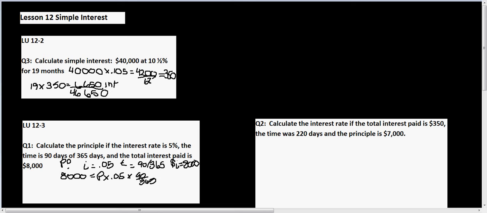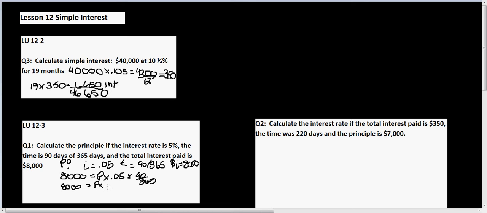So going back to solving for unknowns, we have to isolate this p. So let's keep going. Now we know that 8,000 is going to equal, we're just going to simplify a little bit, p times 0.05 times 90 over 365.